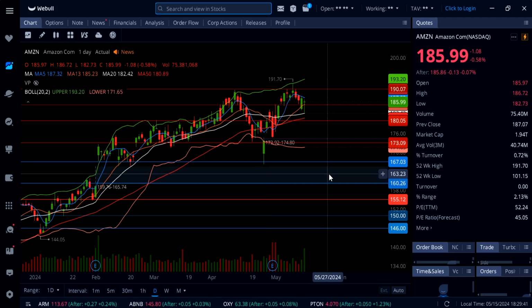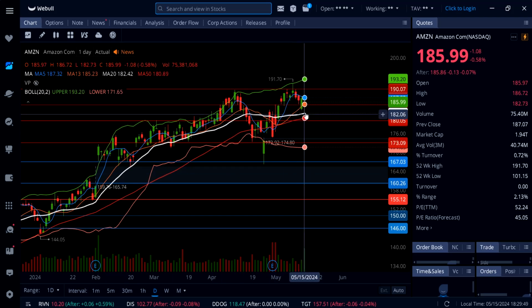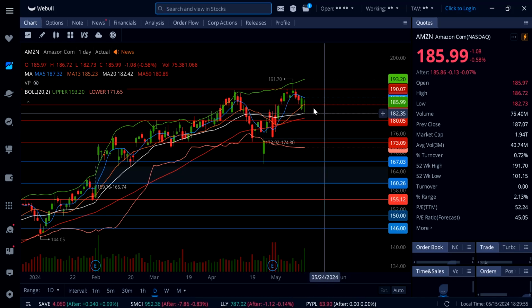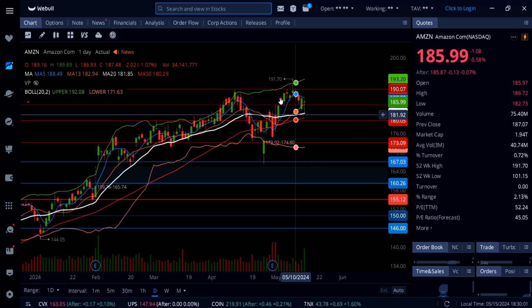Now here on Amazon, came back down to where? Look at this, 182.42 right here, rising 20-day moving average, and the support held right here, went back up, and now trading over 185. So nothing really happened on Amazon, even though we got a big pullback today, and now it's holding at 185. Now a lot of people are asking, is this the double top?